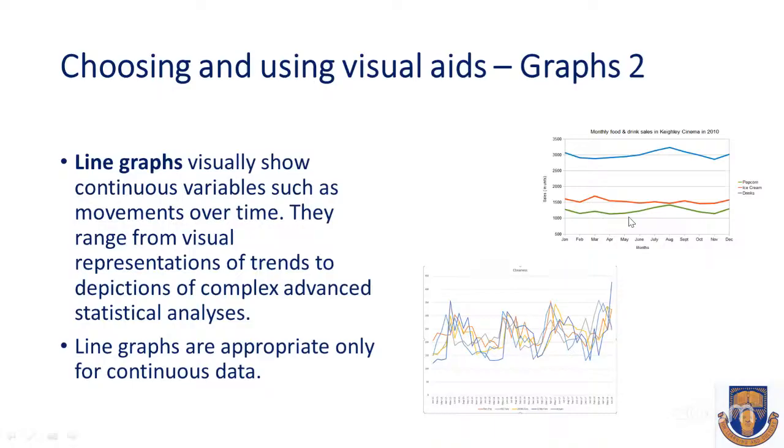So when you look at the line diagram, it helps to tell the story of what has happened over a period of time. And you can only use line diagram for an outcome that is continuous. You can't use a line diagram for a categorical variable. Again, in terms of drawing graphs, usually your y-axis is your outcome, while your x-axis is your exposure.